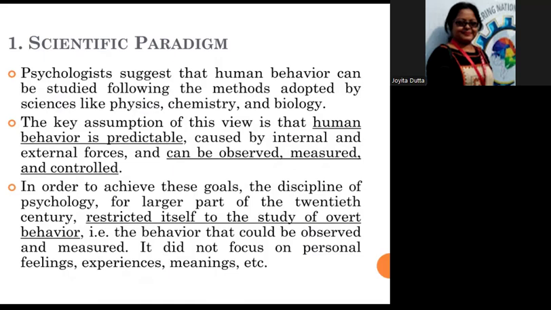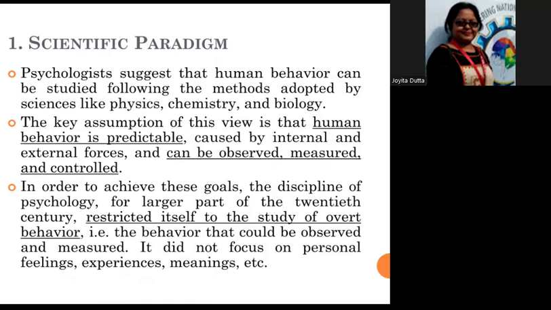So physics, chemistry, biology, everything is included when I want to learn the psychology of human behavior. The key assumptions of this view are that human behavior is predictable, caused by internal or external forces, and can be observed, measured, and controlled.